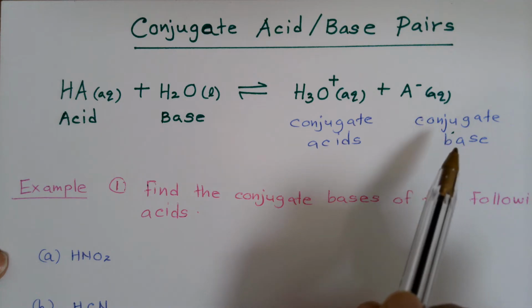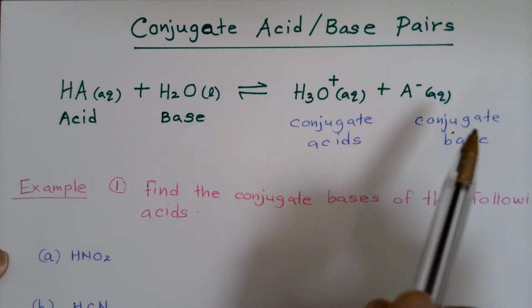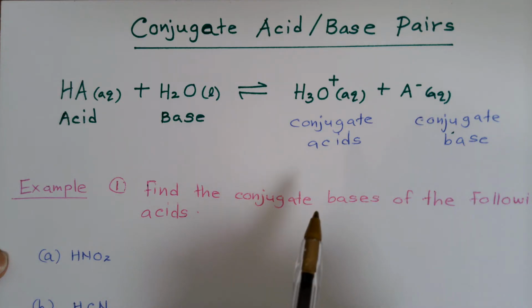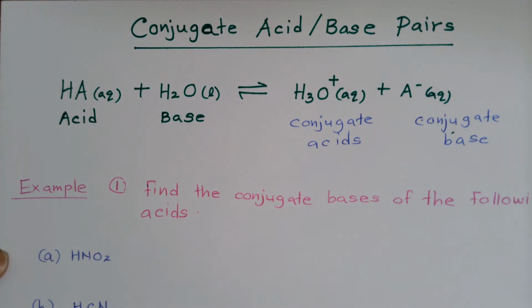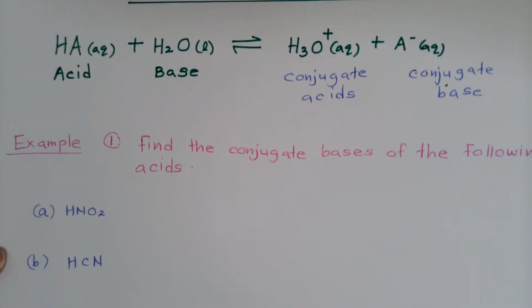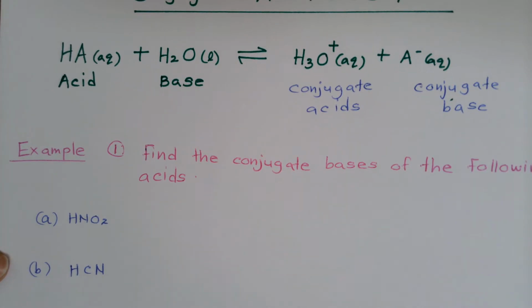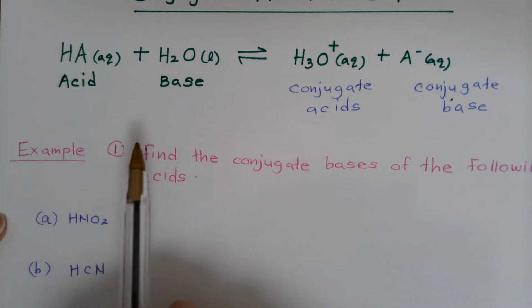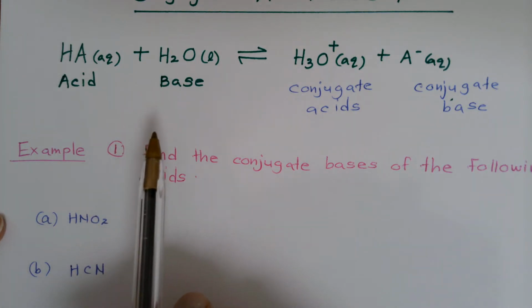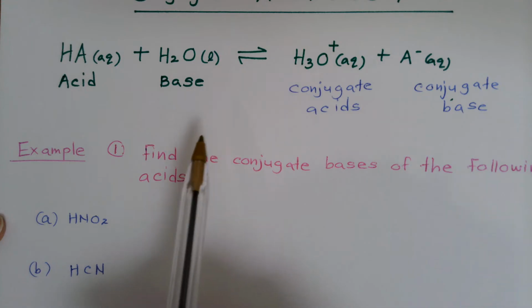And if you have a question to find the conjugate base of a given acid, always you need to subtract one H+ ion. Now let's find out the conjugate acids and bases in the given questions. Before that, you need to identify the two conjugate acid-base pairs in this acid-base reaction.